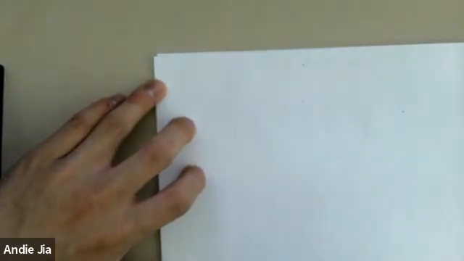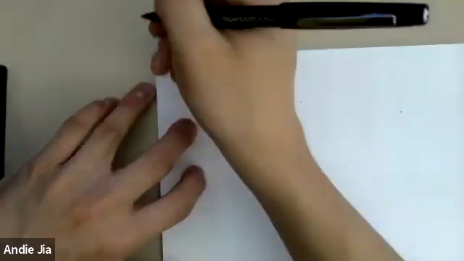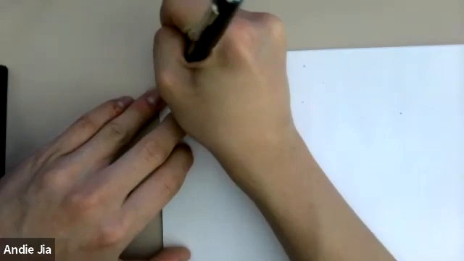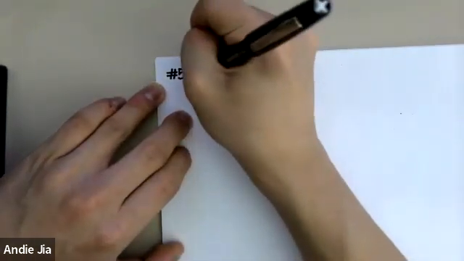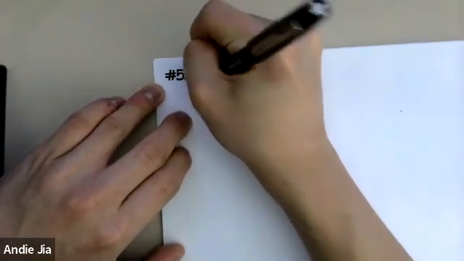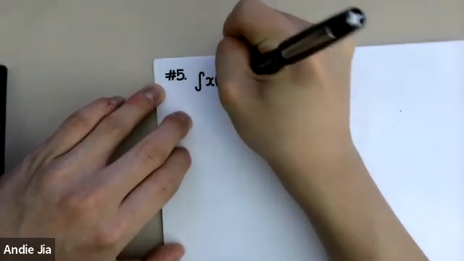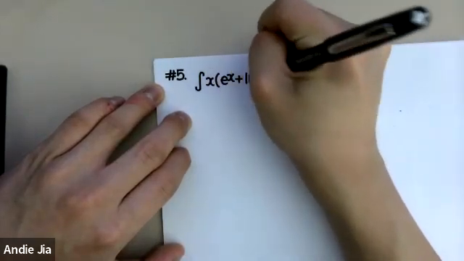And then head to the next one. Okay, so this is going to be a hard one. So this is a hard integral. Another IBP, I think. So it is x plus e to the x plus natural log of x.